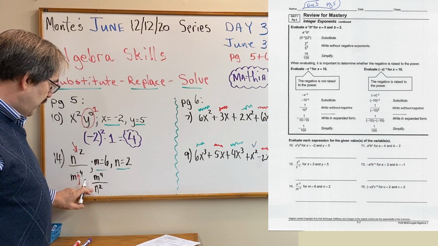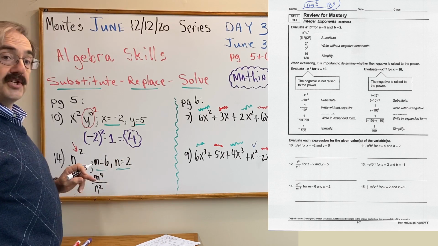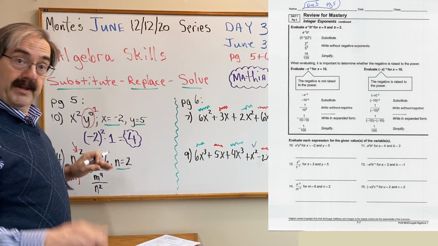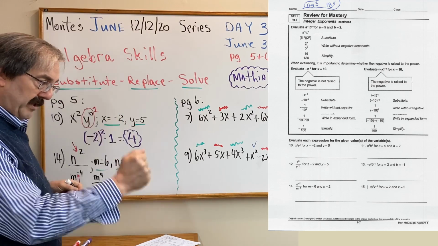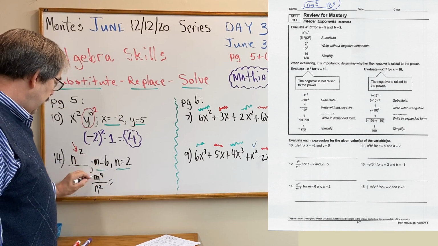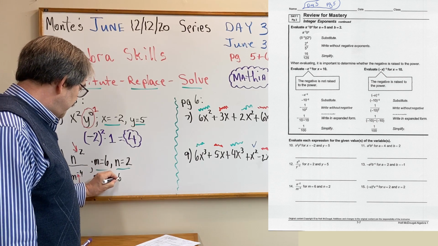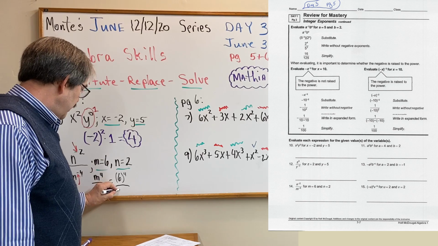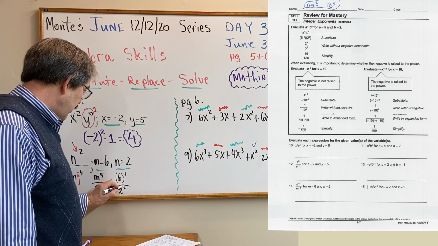Wherever you see the letter N, you're going to substitute a 2. So now, as we rewrite it, let's replace it. Substitute, replace, solve. Remember how we would chant that in class? Okay, M4, 6 to the 4th power over 2 to the 2 power.